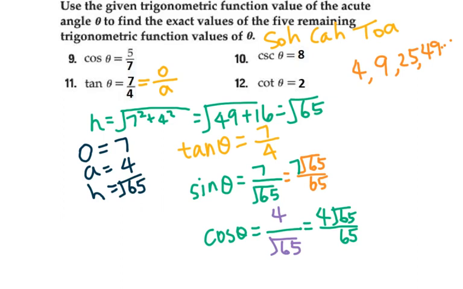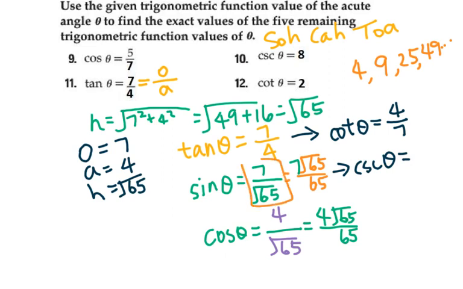So after we get the major ones, we can get the minor ones. So cotangent theta, I flip, get the 4 over 7. And for sine theta, I flip, get the cosecant theta equals. Easy way is to flip the middle one. So I will get square root of 65 over 7.